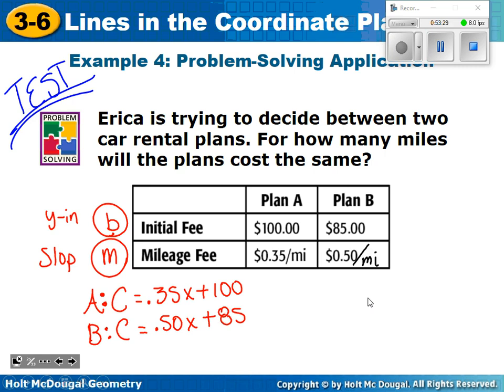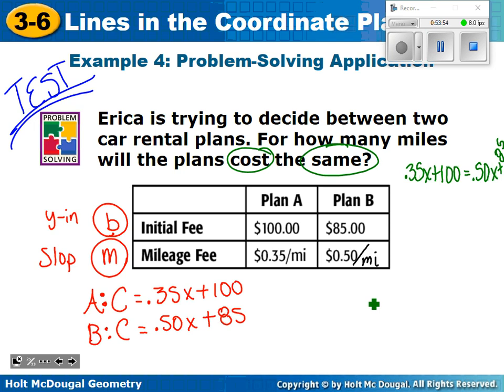They equal each other, because that's what we're trying to see. When do the plans cost the same? So when are they equal to each other? So we can say 0.35x plus 100 equals 0.5x plus 85. Sorry, running out of room there. Does that make sense? If they cost the same, then they should equal each other.